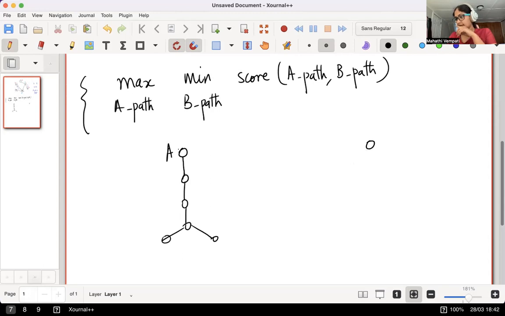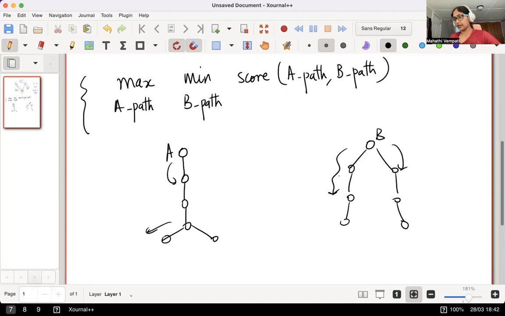Imagine A is here and B is here, something like this. So B has to make a choice right here. A goes here first, and B has to make a choice right here, one of these choices. It might turn out that if A takes this path, this is actually the path that B was supposed to take, but B doesn't know that beforehand.